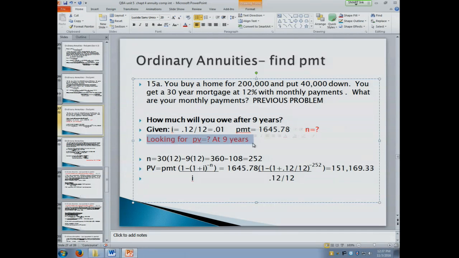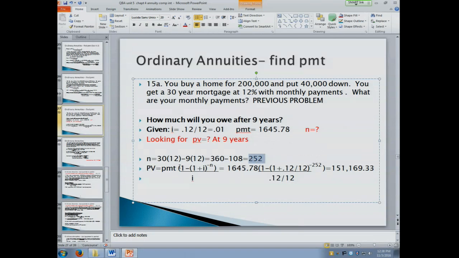You were looking for the present value at 9 years. So, you've paid 9 years of payments, 9 times 12, or you've paid 108 payments, you owe 252 more payments. We're looking for the present value at 9 years.